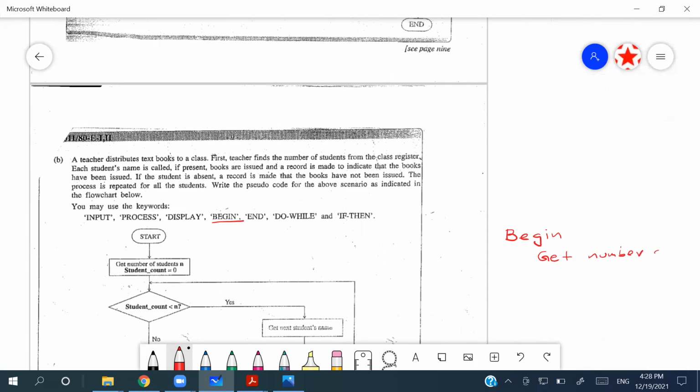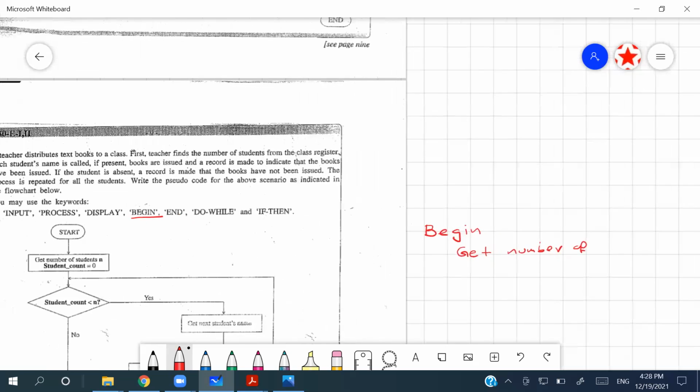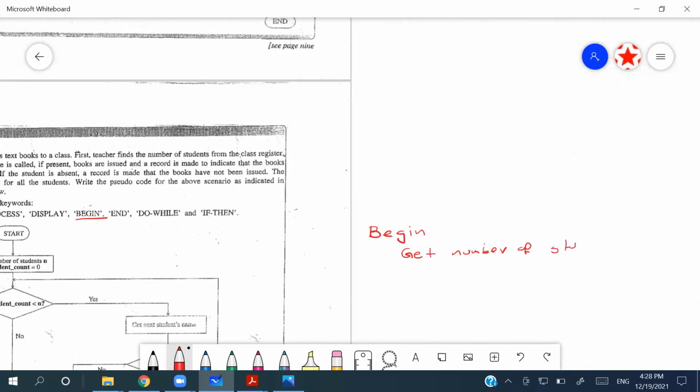Get number of students. And the next one is student count equals 0. Right.